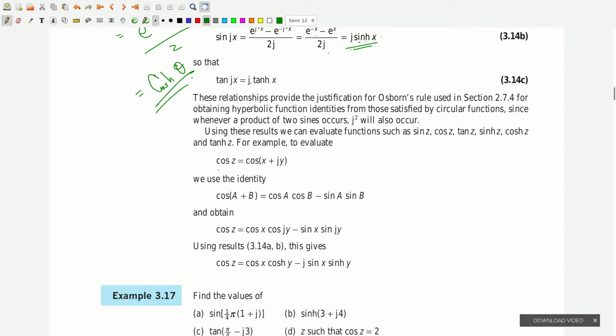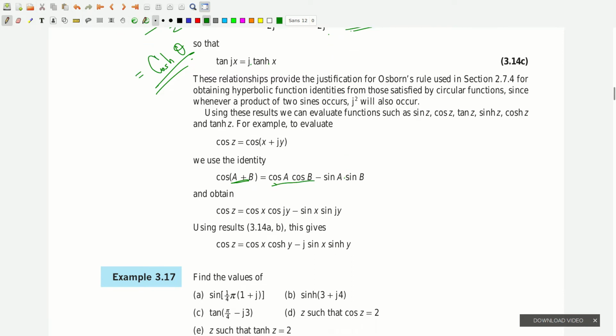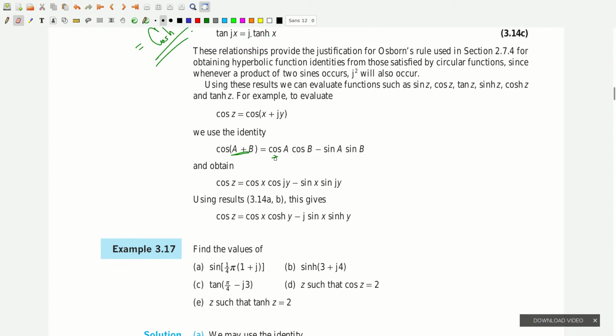For instance, if we have a complex number z and we want to find the cosine of z, then we can say it is the cos of x plus jy. Then you can use the identity that the cosine of a plus b is given as cos a cos b minus sine a sine b. Now we can start to substitute in here.